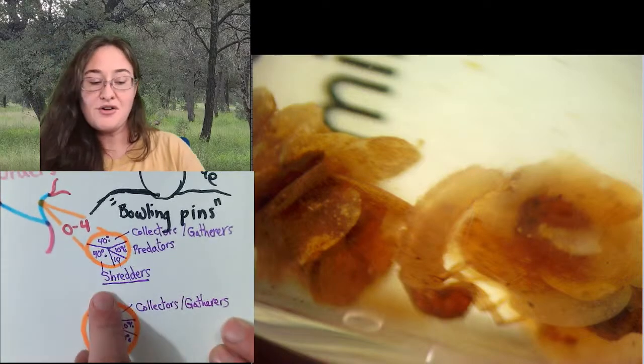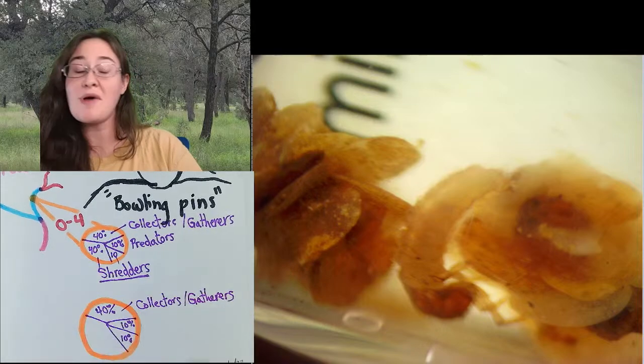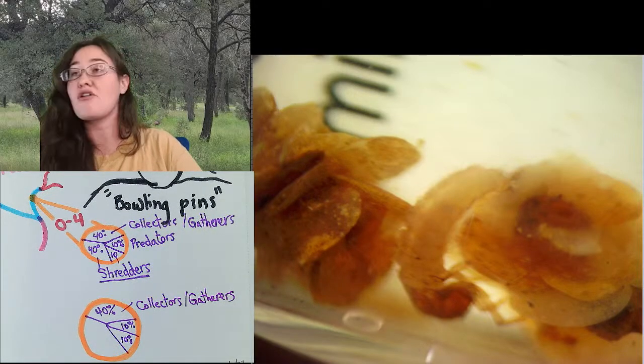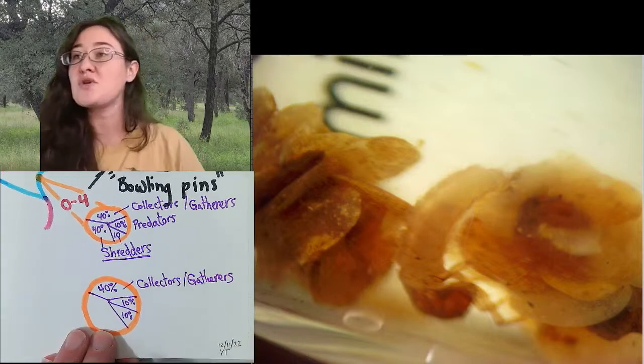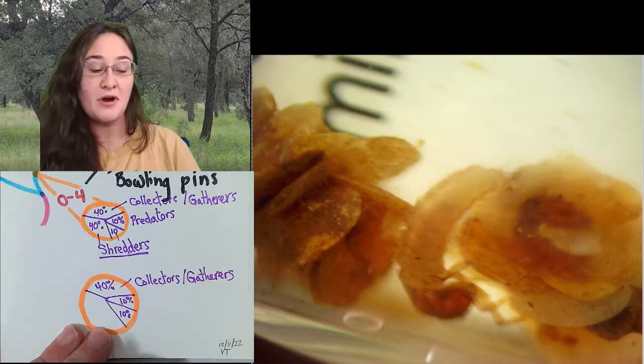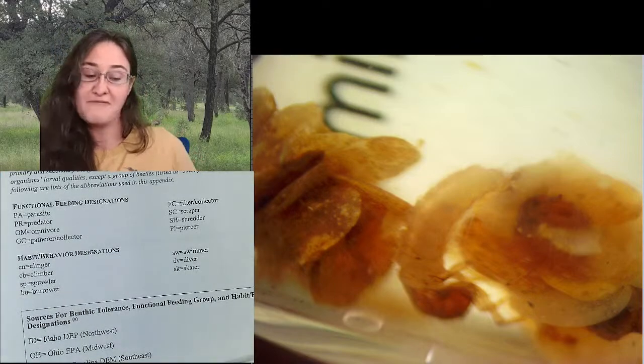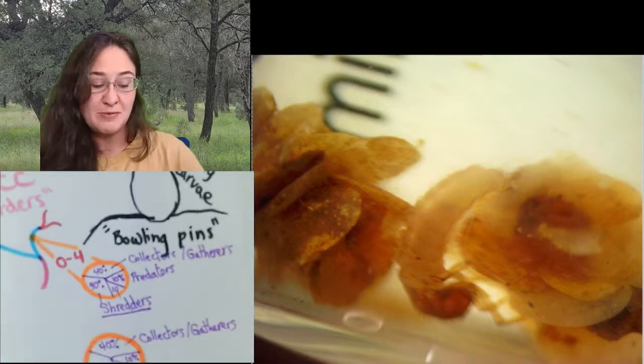But now, instead of having so many shredders that are breaking all of these big organic materials, you have the individuals that need to break down the fine particulate organic materials, the FPOM. And so those are going to be our filterers.